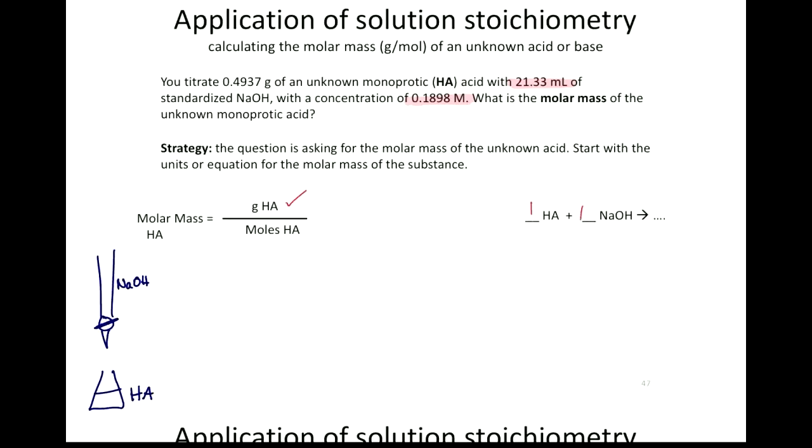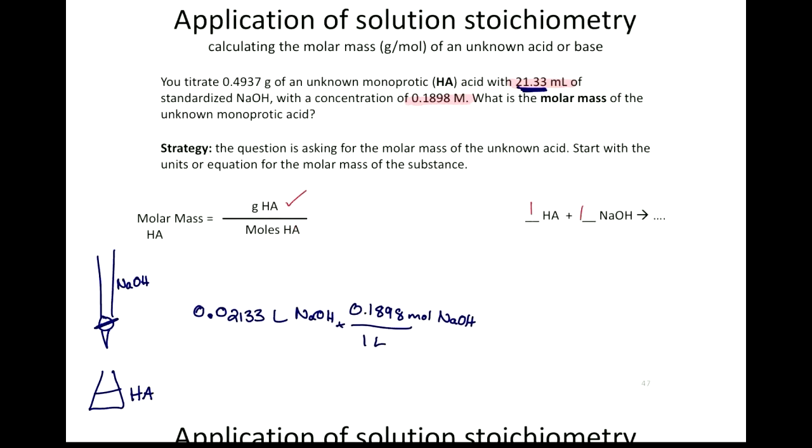All right, so if we take that volume of base, I'm just gonna convert that into liters right now, so 0.02133 liters of that sodium hydroxide. Next, I use the molarity, so 1 liter is 0.1898 moles of sodium hydroxide. But in my equation, I want moles of acid.